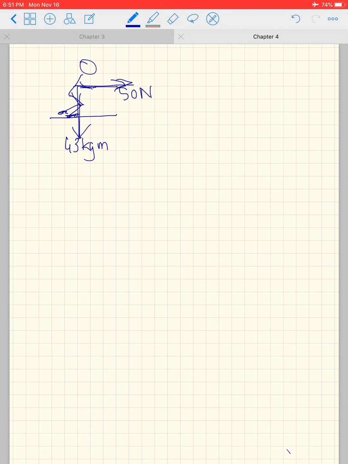So the weight is going to be 63 times 9.81, and it ends up being 618 newtons.